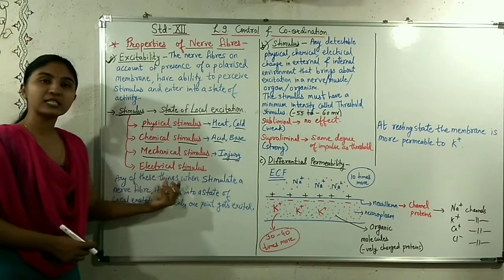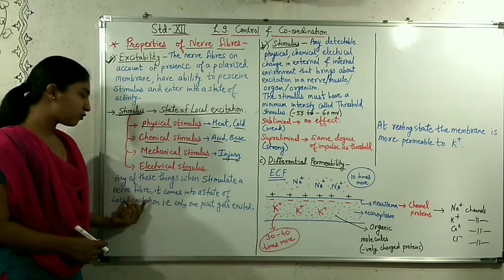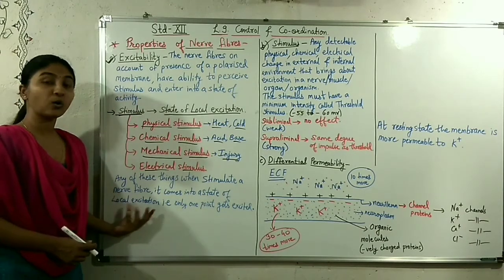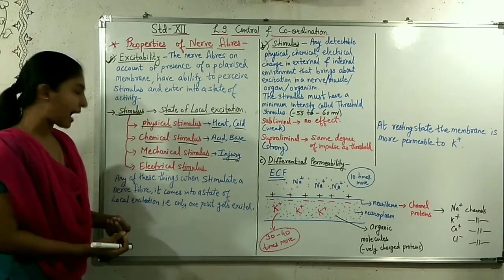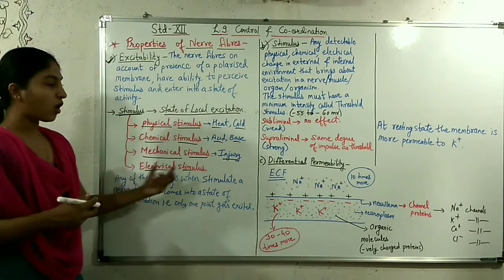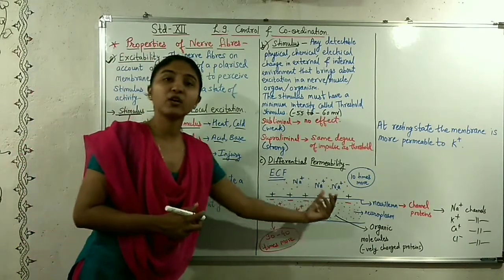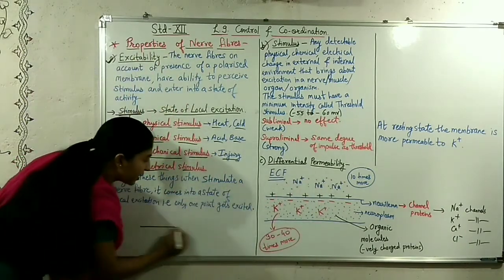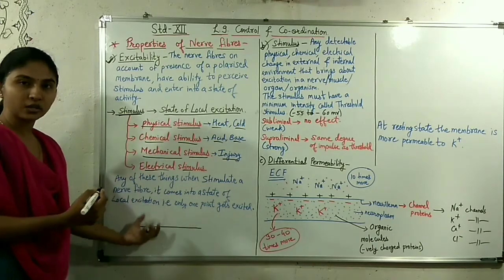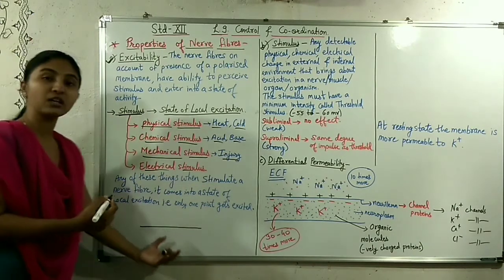Now any of these things, when they stimulate a nerve fiber, it comes into a state of local excitation or the state of activity. That is, only one point gets excited. So what happens if any of the stimulus acts on the membrane of the neuron or the nerve fiber?